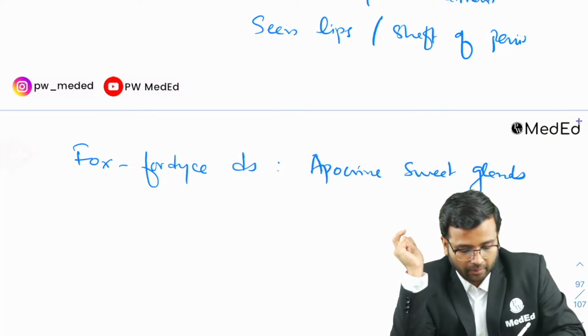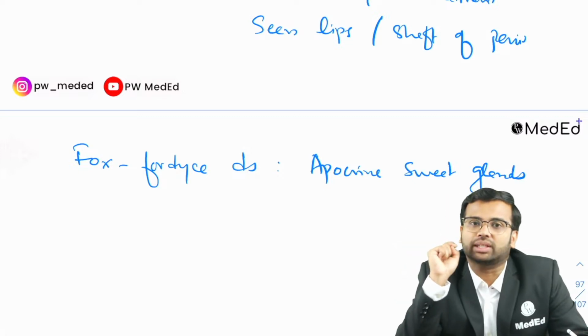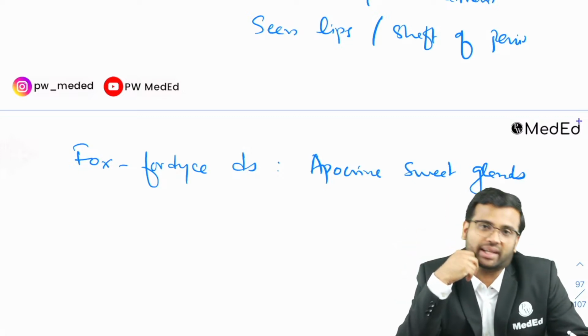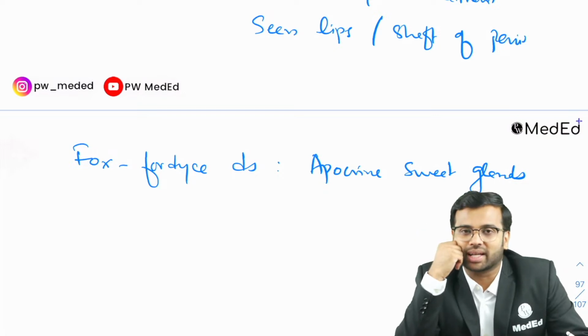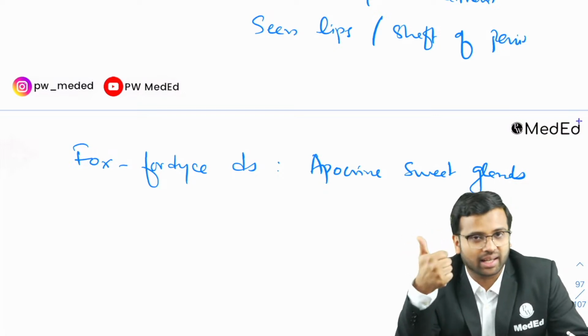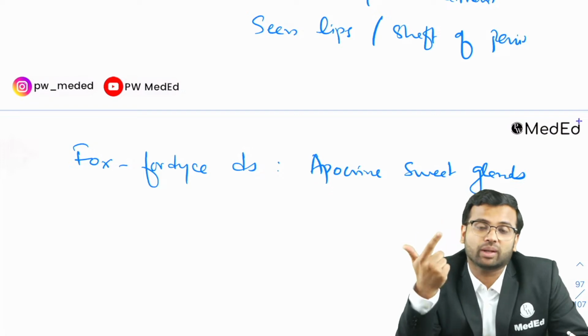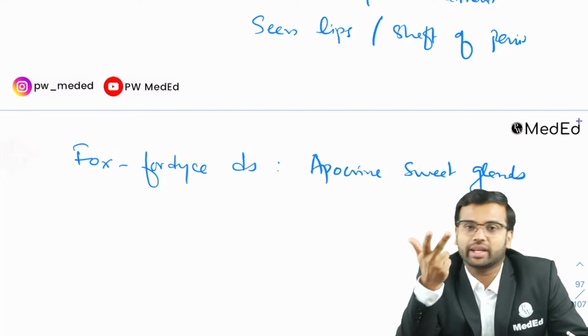sweat glands. So in physiology you must have learned, where do you find these apocrine sweat glands? Apocrine sweat glands are seen in the axilla. They can be seen over the areola, they can be seen over the groin area, isn't it?